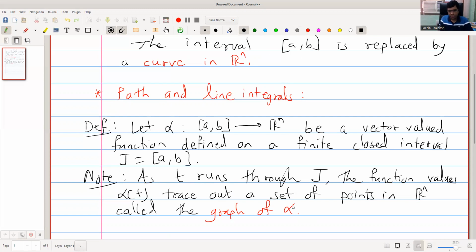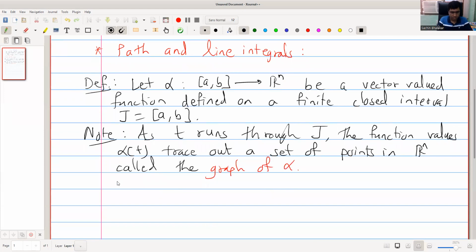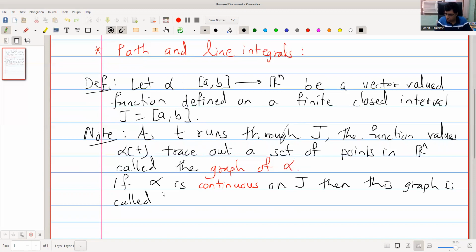So the graph of alpha is equal to the set of all points alpha of t in Rn such that t belongs to the interval J. If alpha is continuous on the interval J, then this graph is called a curve described by alpha.